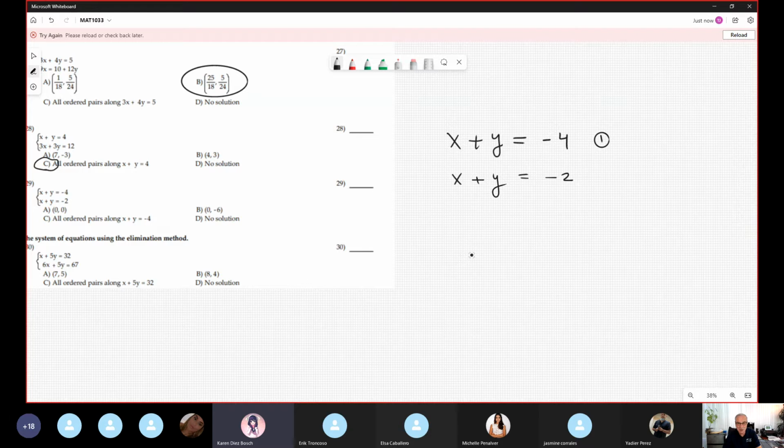Do you see that it's a contradiction? Using intuition, without algebra, one expression equal to 4, and the same expression is equal to -2. This is impossible, right?